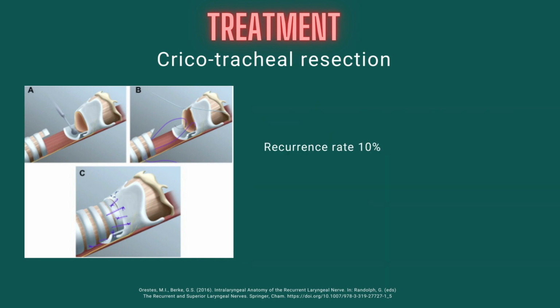But the good thing about this resection is that whenever the patient already has the segment removed, then the recurrence rate of the tracheal stenosis is very low, less than 10% of the time, compared to 40% to 50% of the time with conservative management.